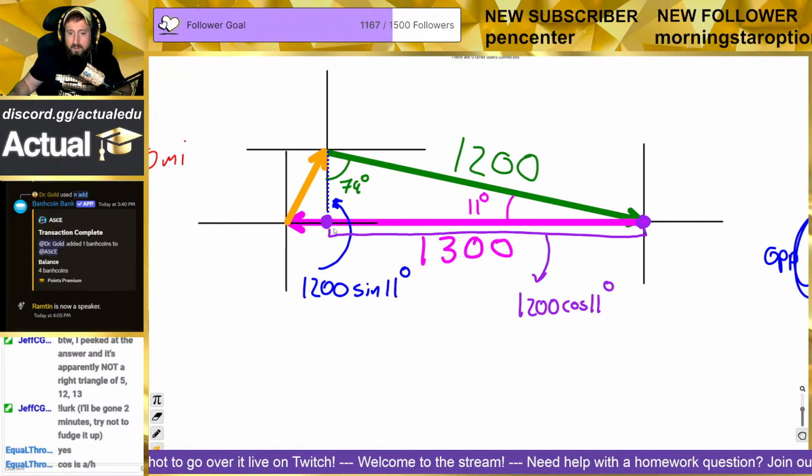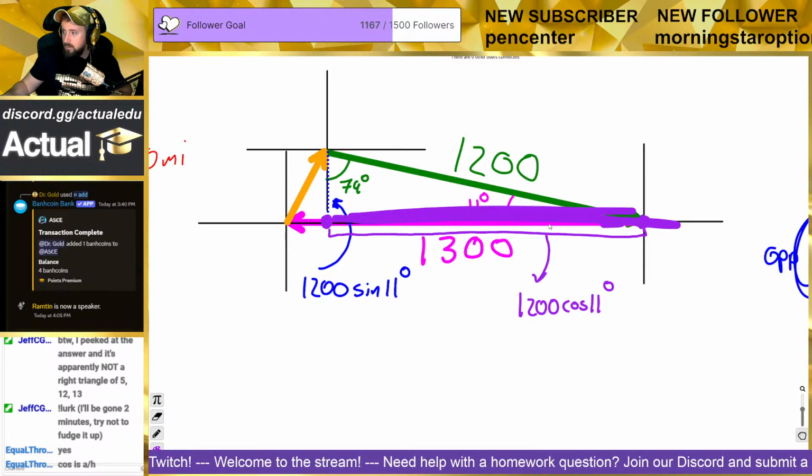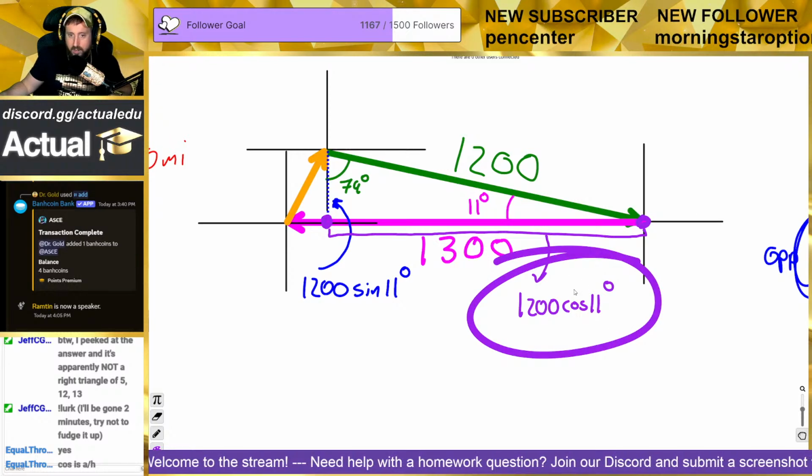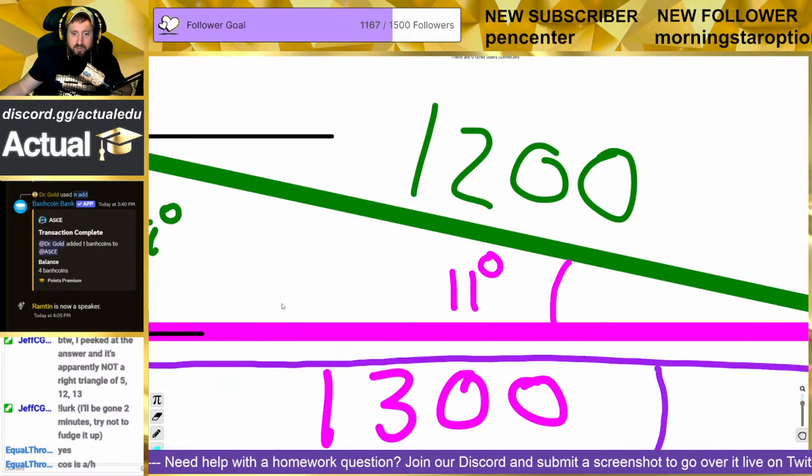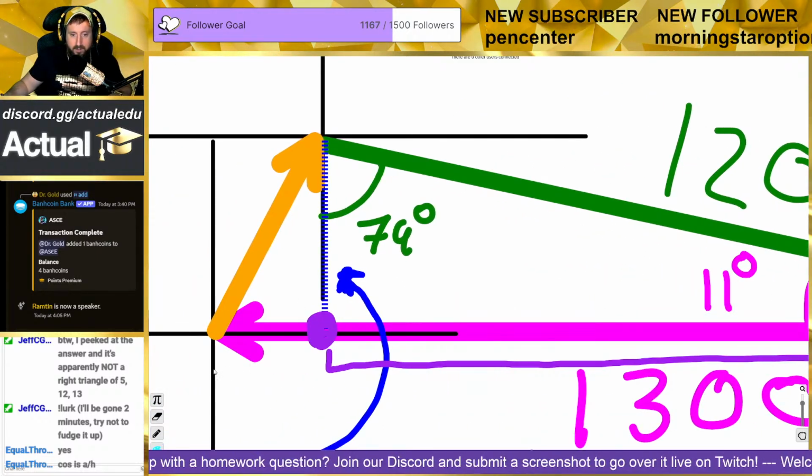So if this whole thing here is 1200 cosine of 11 degrees, what is this distance going to be? This distance right here. One sec, let me draw. What is this going to be?